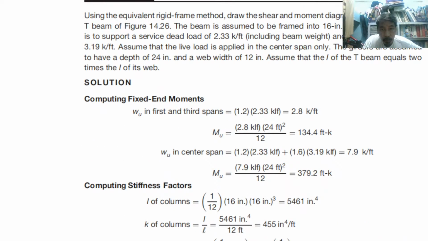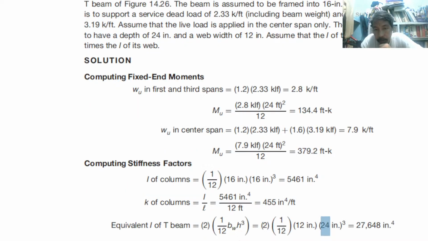Then depth 24, therefore we have to use 24 here. So therefore, we can find out the I for the T-beam.